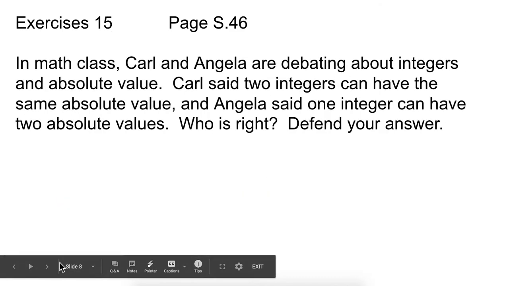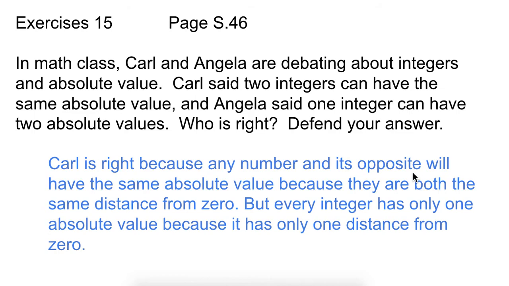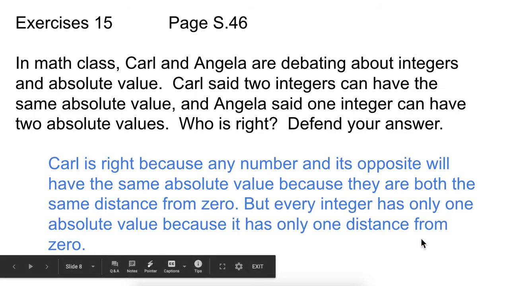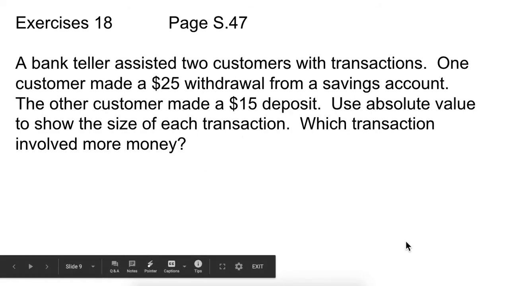So Carla is right because opposites have the same absolute value, because they're both the same distance from 0. But every integer has only one absolute value because it has only one distance from 0.